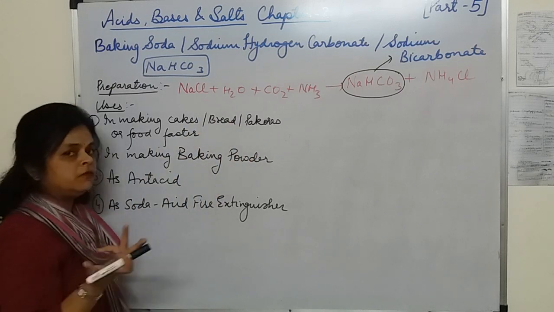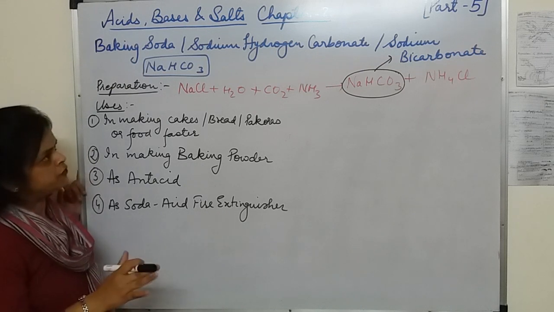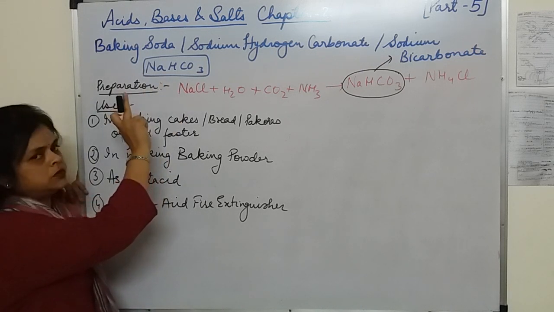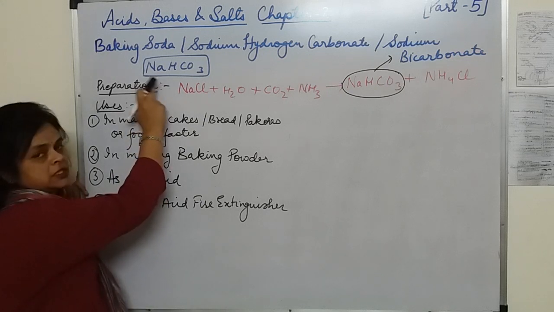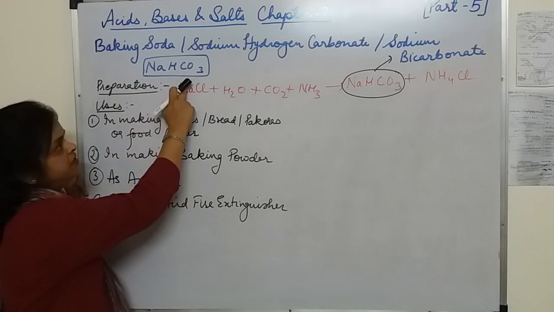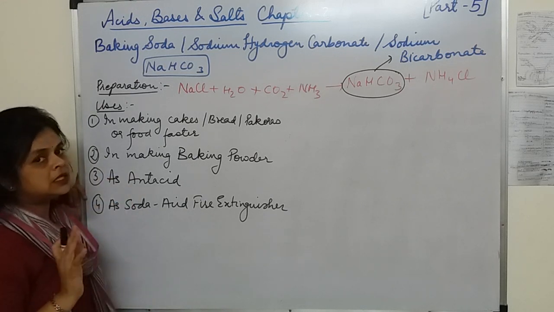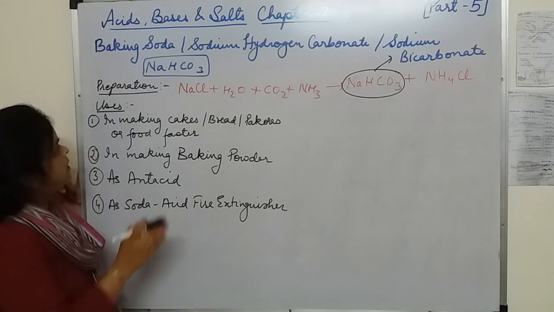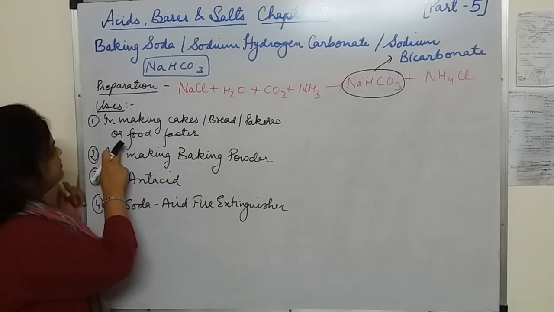What is there? Because of that we are using this NaHCO3. First of all, you should know that NaHCO3, it is a salt made up of NaOH strong base and the weak acid H2CO3. So what is the nature of this salt? It is alkaline.